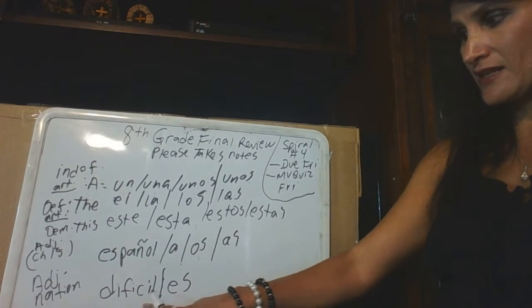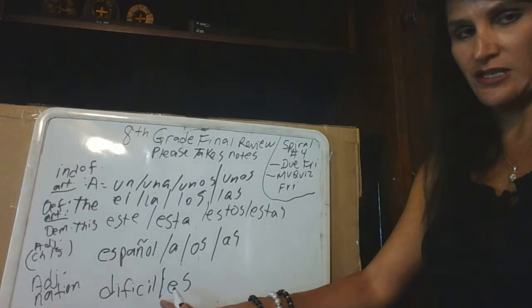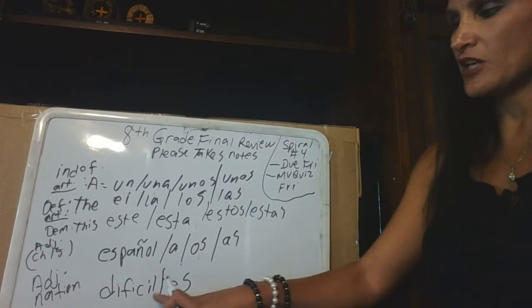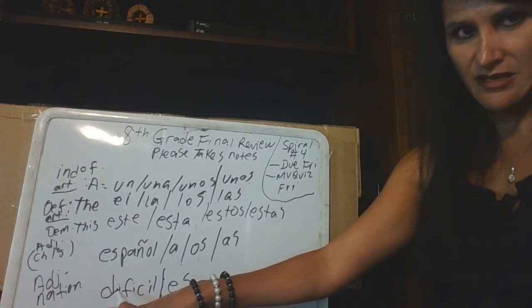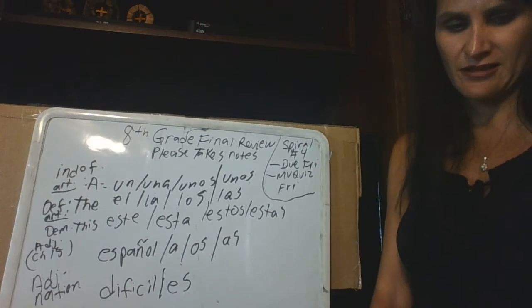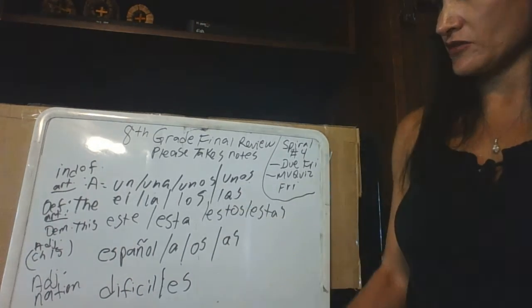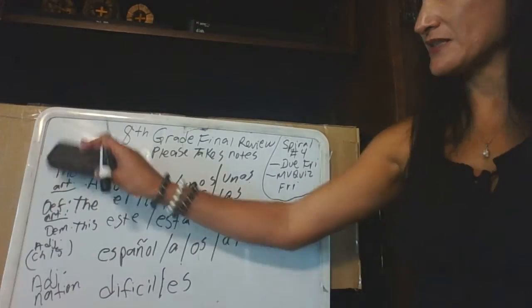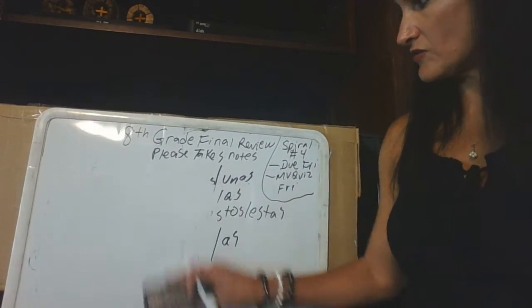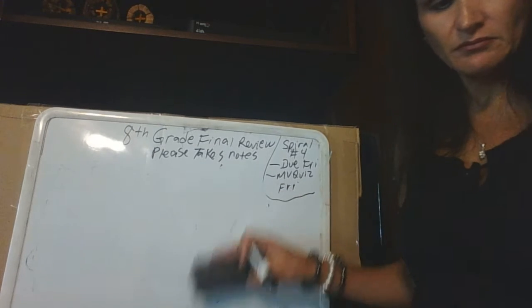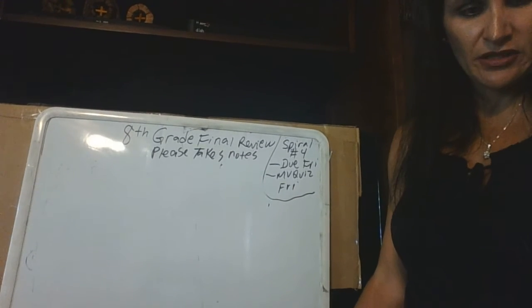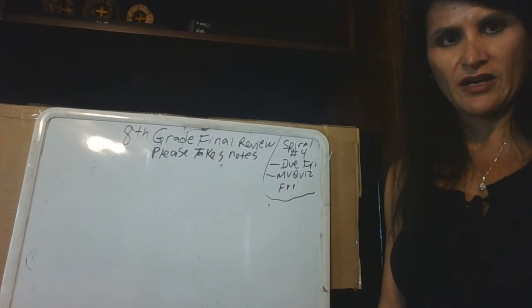You cannot say difícila. You cannot do that because this is not a nationality. This is descriptive. You can only do that with nationality. Okay, so those are the adjectives that we're going to cover. If you didn't get all of this, please take time to go back, pause the video, and write it down.